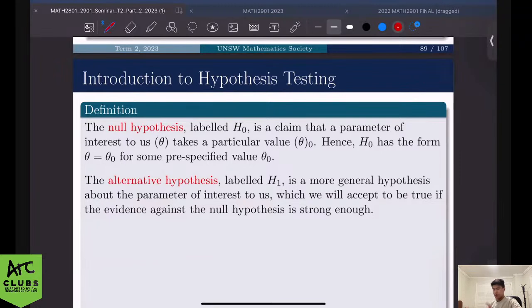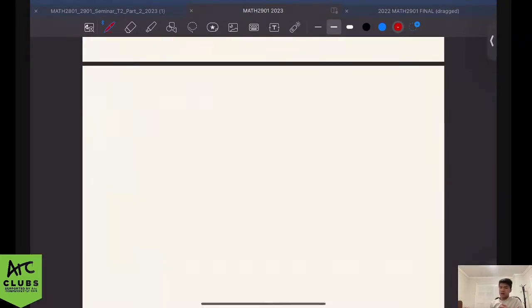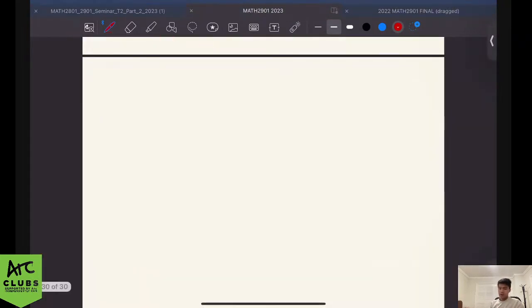So you've got two hypotheses, one which you are basically accepting to begin with, and another one that you want to try to test out. A very common example is biased and unbiased coins. Your assumption initially is that the probability of getting heads is a half. That could be your null. But your alternative might be, okay, I've been doing a lot of coin flips with my friends recently, and it always seems to be heads for some reason.